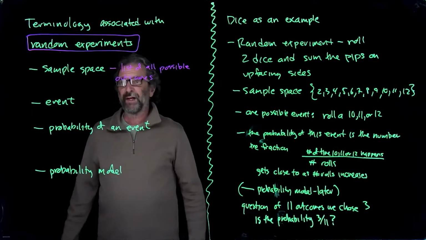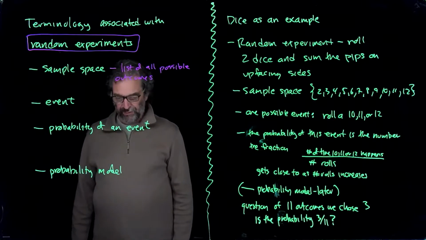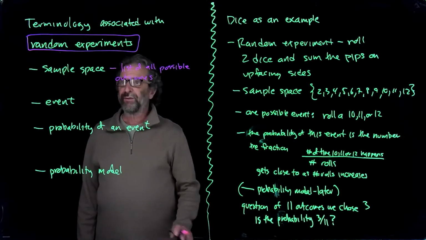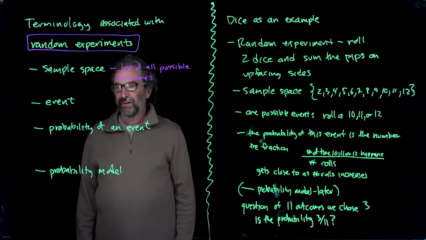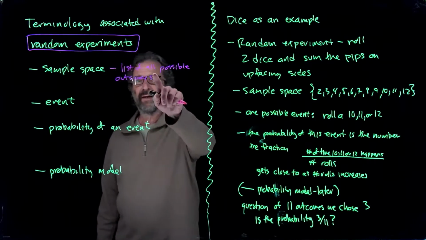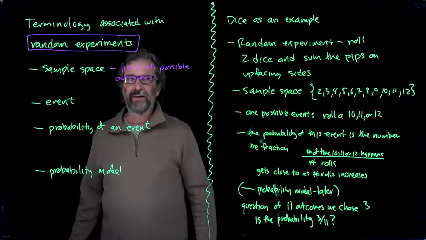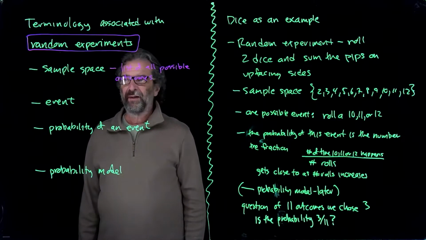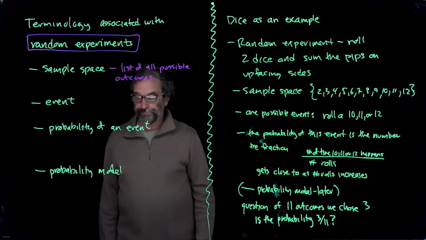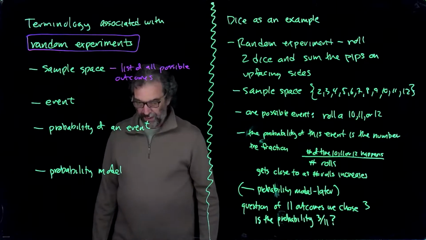That can happen depending on your experiment. So if your random experiment is having a newborn, and what you're going to measure is the weight of the newborn, then if you list all the possible outcomes, you could say, well, maybe between 2 pounds and 10 pounds, any number might be possible, and that would be your sample space. So a list of all possible outcomes.